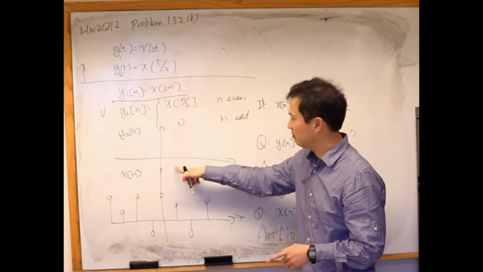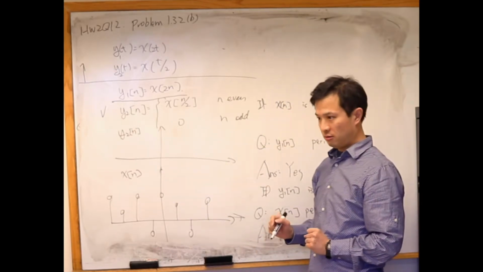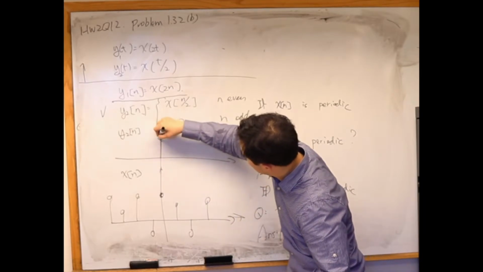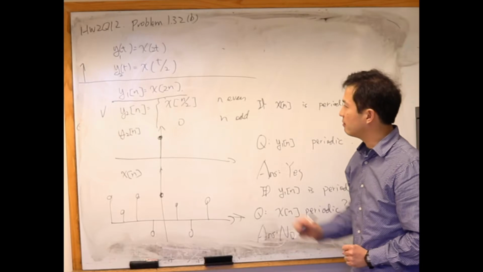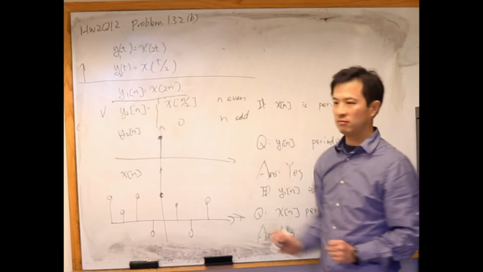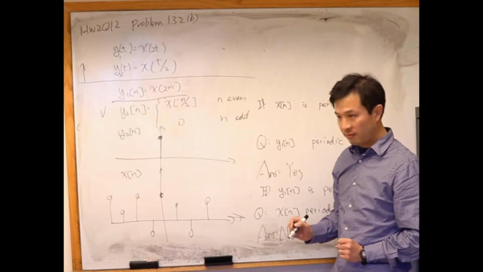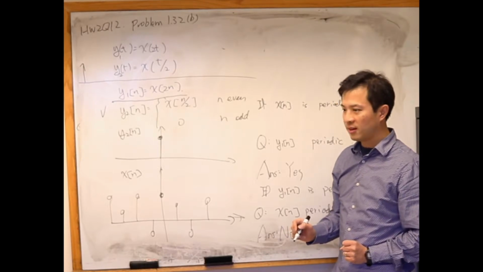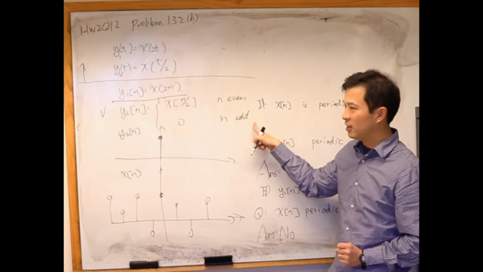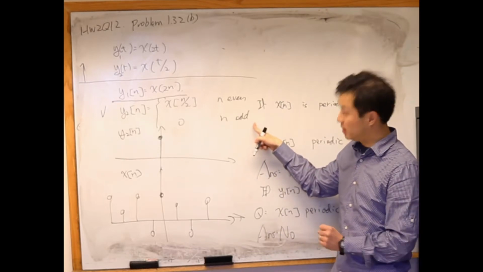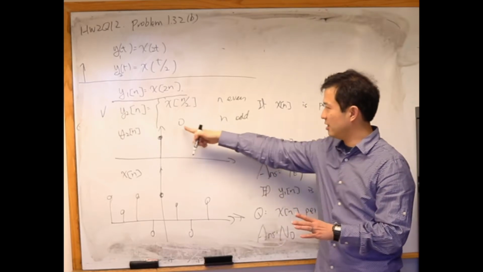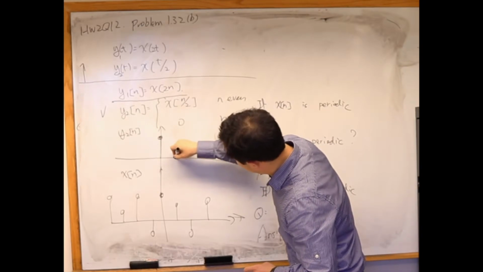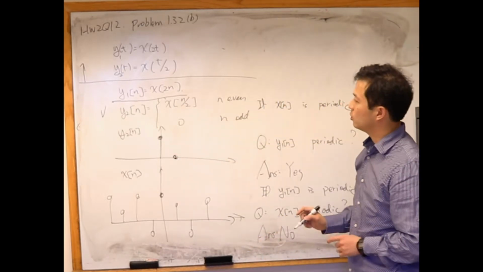Let's start from the beginning. What is y2[0]? I'm copying this part and placing it here. y2[0] is x[0]. How about y2[1]? Look at this. It's 0. It's not nothing, it's 0. It doesn't say nothing here, it says 0, so this is always going to be 0. What is y2[2]?